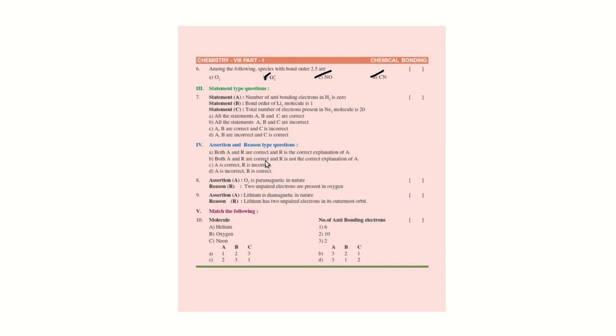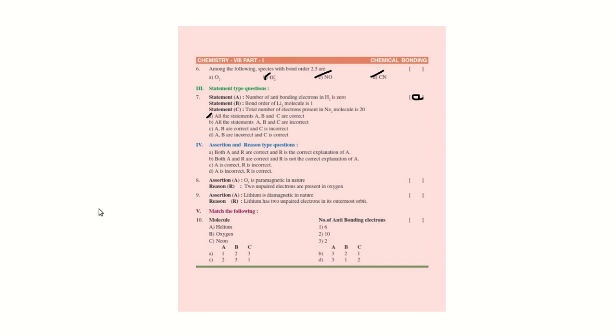Next, statement type questions. Number of antibonding electrons in H2 is 0. That is correct. Bond order of Li2 molecule is 1. Correct. Total number of electrons present in any two molecule is 22, sorry, 20. Option A. I'm marking it here also. Next, assertion and reason type questions.